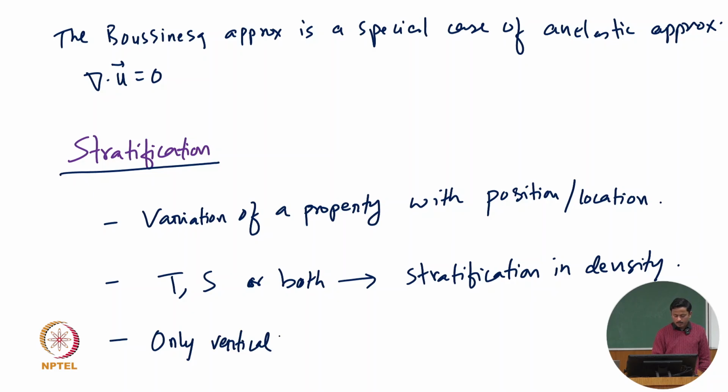This is to make things tractable. You can include other variations also, but this is just to have a first understanding of what stratification brings to the table. So only vertical variations we'll consider.